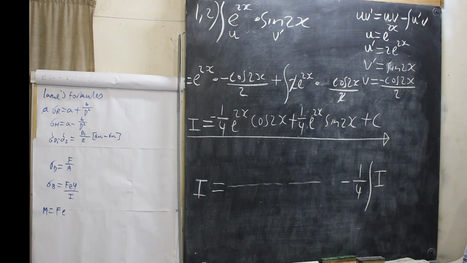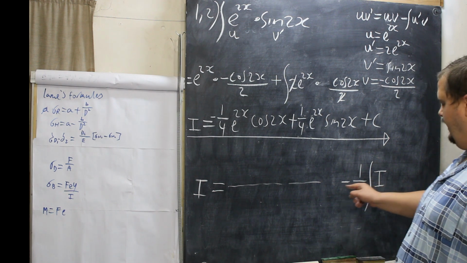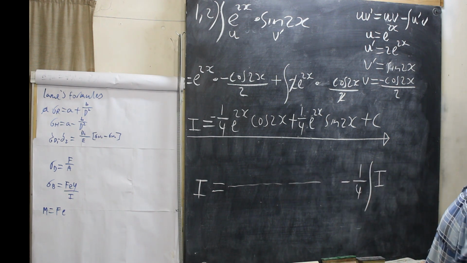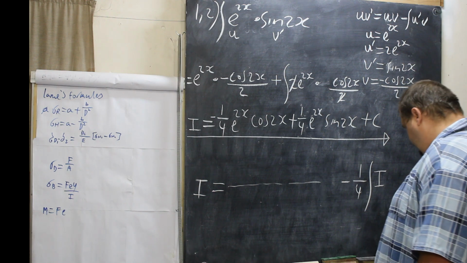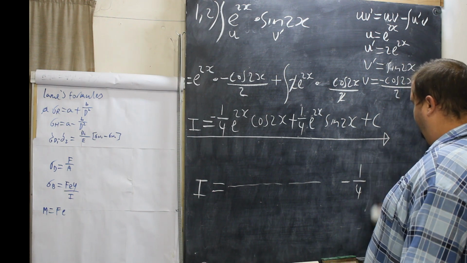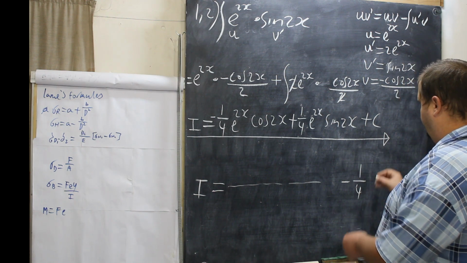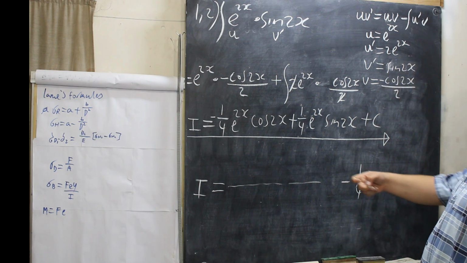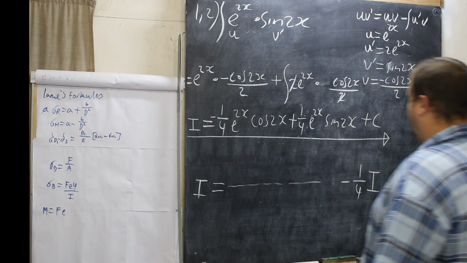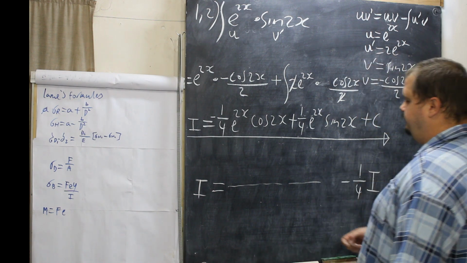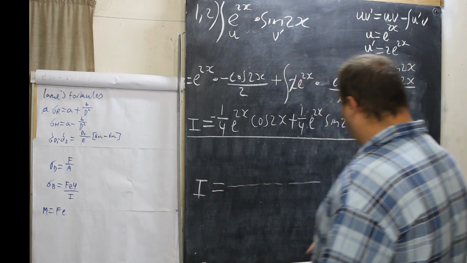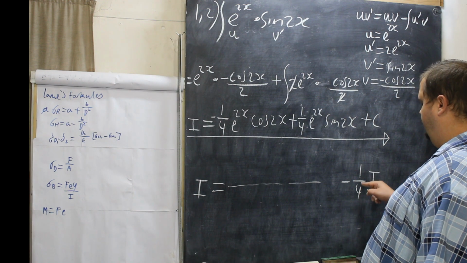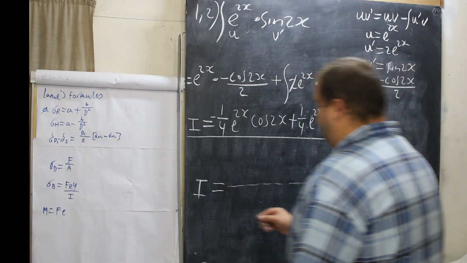So if this was 1 over 4 I, and we bring in an I over, then what I would do is bring this I over, so it's plus. So it's 1 over 4 I, and this is 4 over 4. So 4 over 4 plus 1 over 4 is 5 over 4.